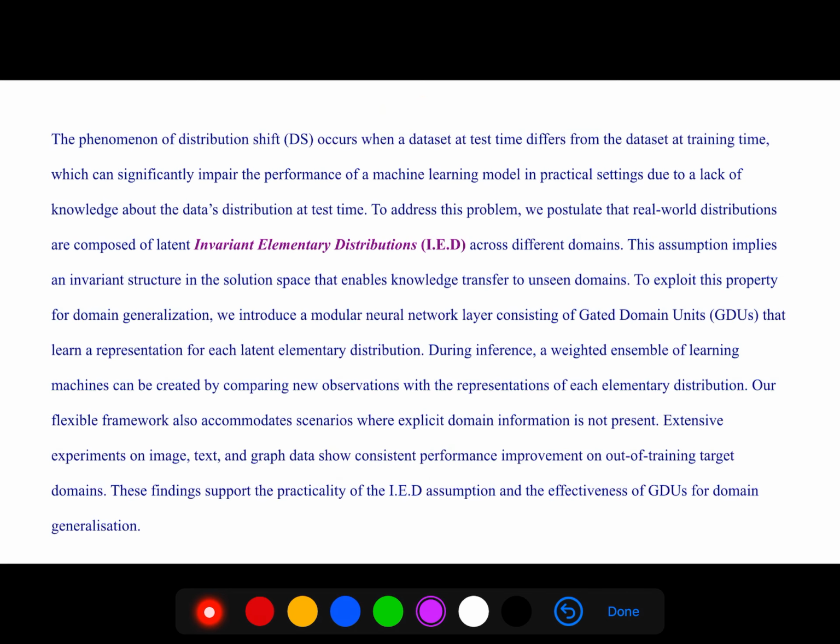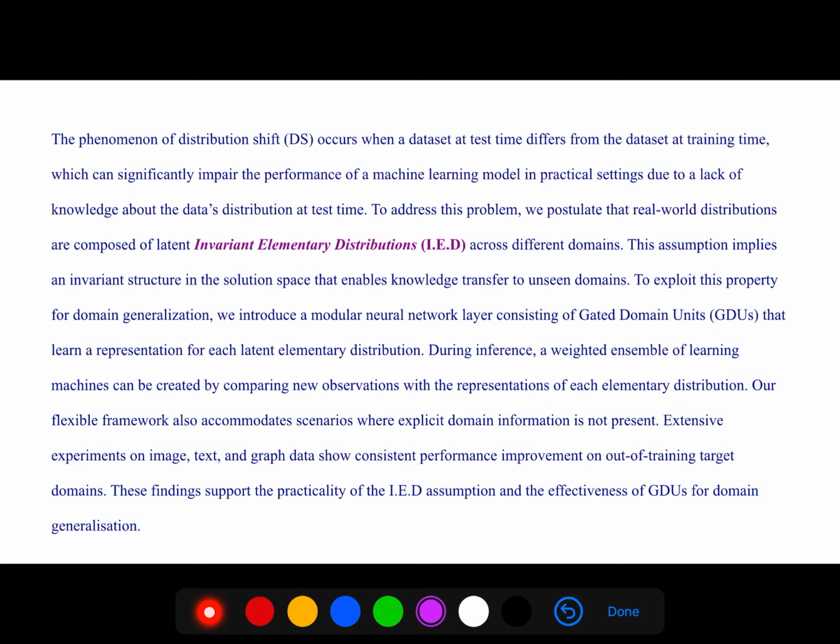the phenomenon of distribution shift occurs when a dataset at test time differs from the dataset at training time, which can significantly impair the performance of a machine learning model in practical settings due to a lack of knowledge about the data's distribution at test time.